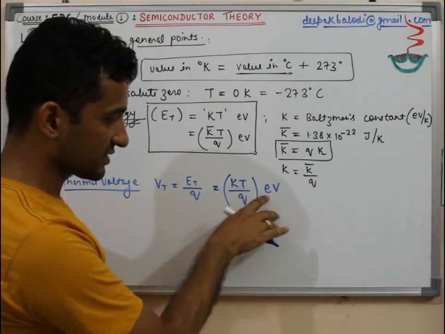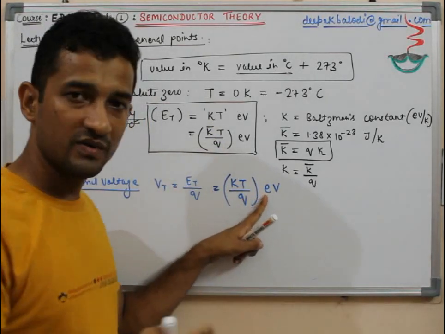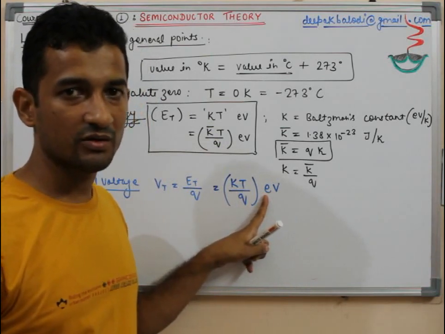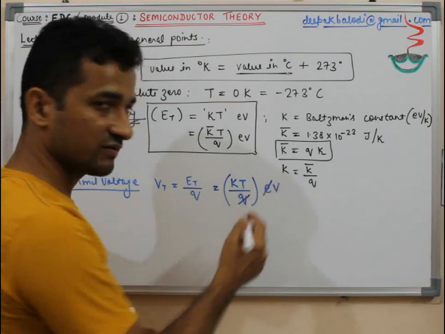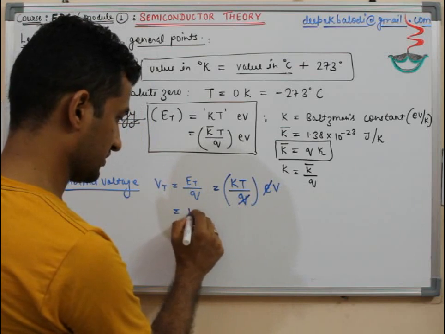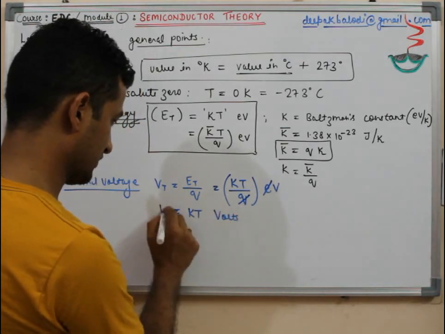This is one electron and this is the charge of one electron. So in place of E we write one Q only, meaning 1.6 into 10 to the power minus 19, which is already kept here. So these two correspond to each other, which are the same. So basically we get here Kt volts.